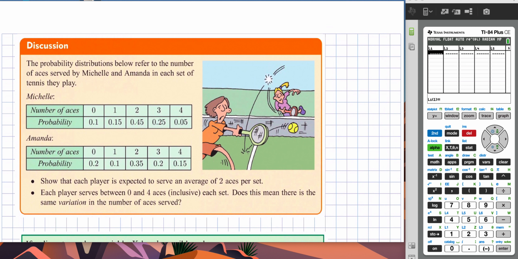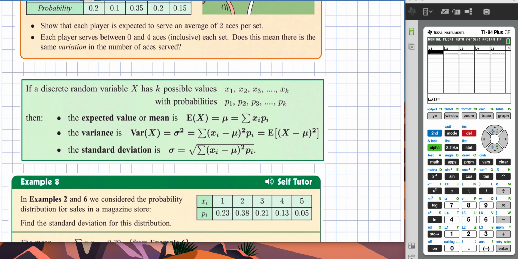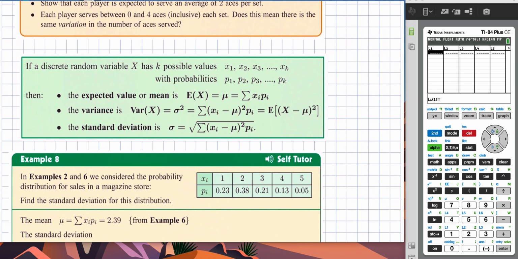Okay, so you'll notice in the textbook it talks about the variance and the standard deviation. They are related directly. The standard deviation is really just the square root of the variance. Don't really get stressed about variance. We'll just worry about the standard deviation. So we'll just use that formula. Here is their mathematical notation for it.